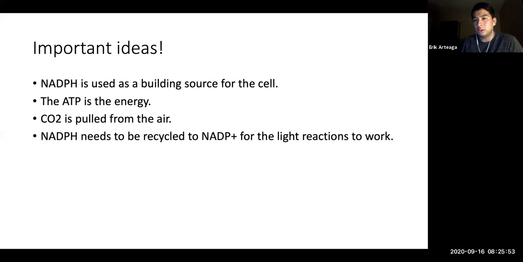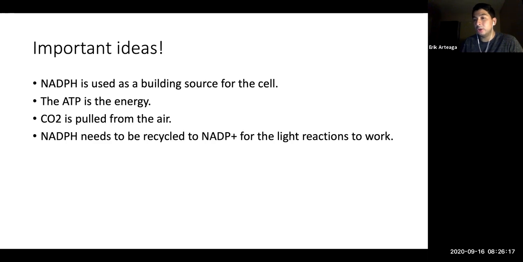Plants can either gain their energy from the sun, or they can gain their energy from the starch they store in their leaves and in their roots. So there are different mechanisms by which plants can gain their energy. They can perform glycolysis, they can perform cellular respiration, but this is how they are considered autotrophs, and this is how they actually make their own energy.